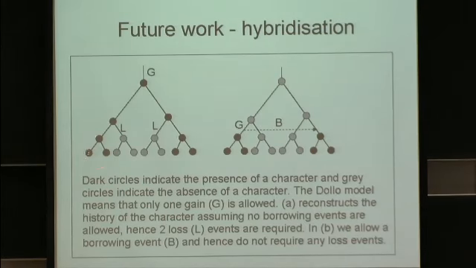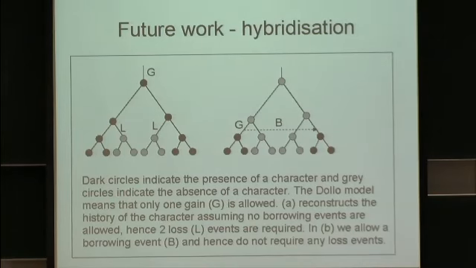Under a Dollo model, if you see some characters present on one half of your tree and also on some other half, then it's got to be present at the most recent common ancestor of all of the taxa where it's present. So it gets forced right back to the root, and then potentially you have to have a large number of losses. You could imagine that if this was a more caterpillar-shaped tree, you might really have a very large number of losses required to explain that.